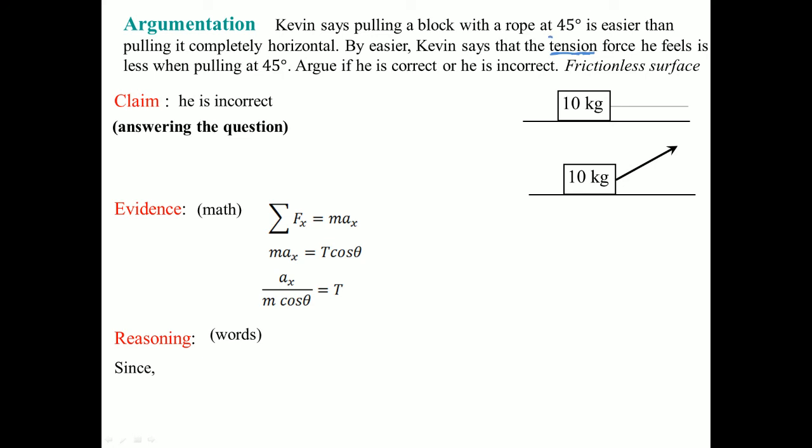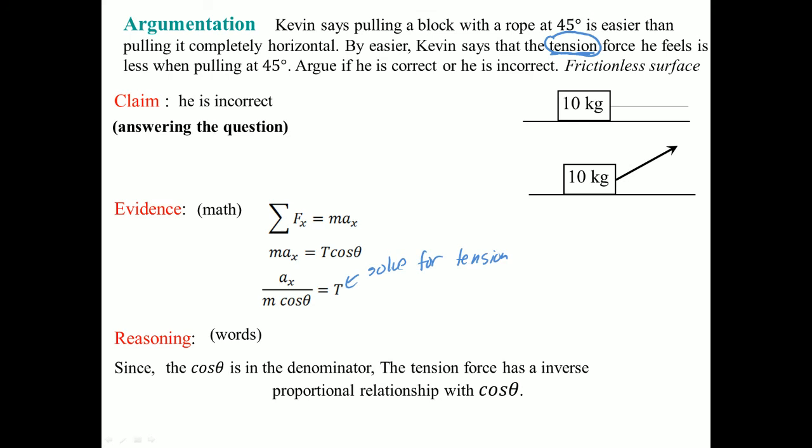Again, the situation is describing tension. That's the reason why I solve for tension, so I can talk about it. Now I see it in terms of a fraction, so I can just describe it. Since cosine theta is in the denominator, I would say that the tension force has an inversely proportional relationship with cosine theta.